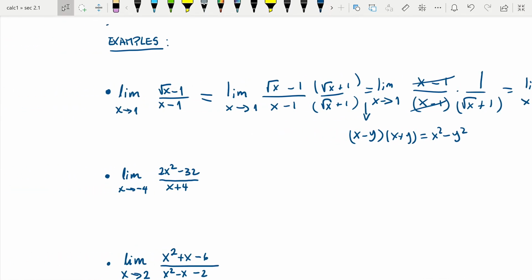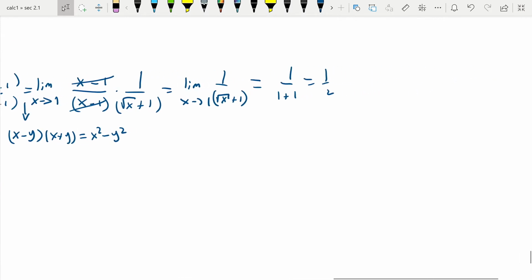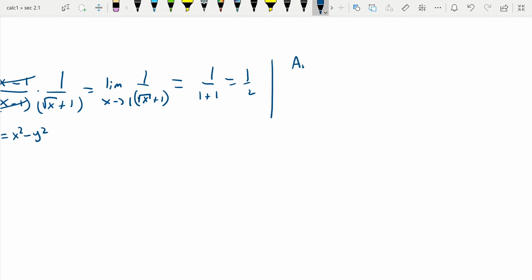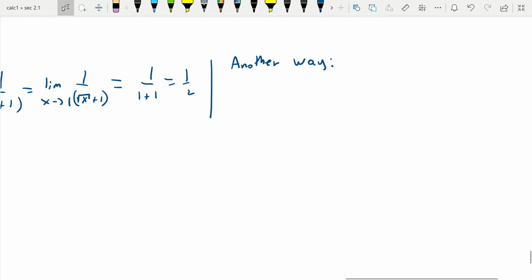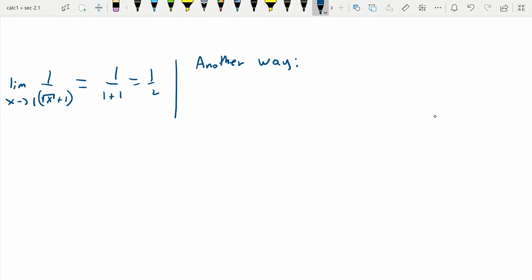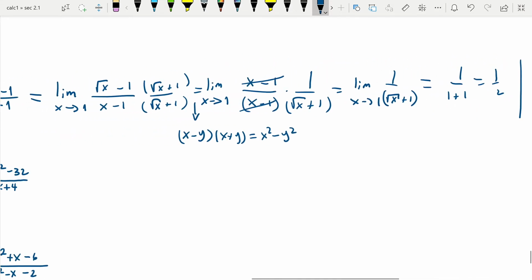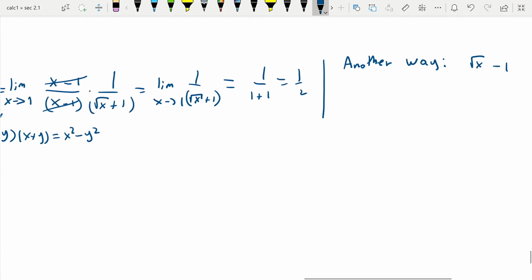If you allow me, we'll go over another way of looking at it. This essentially boils down to the same thing. It's a matter of noticing that in the expression we have the square root of x minus 1 over x minus 1.